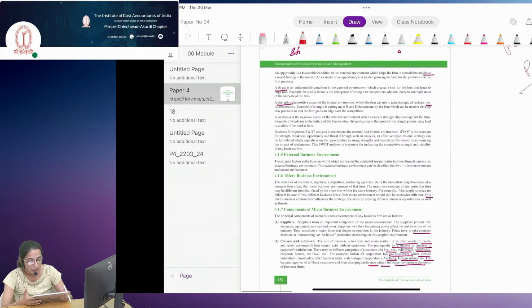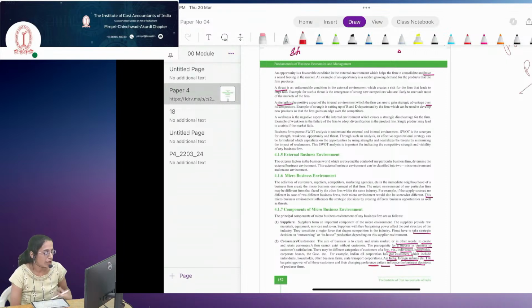Now what are they saying? An opportunity is a favorable condition in the external environment which helps the firm to consolidate and have a sound footing in the market. An example of opportunity is sudden growing demand for the products that the firm produces. See, opportunity means what? Every organization might get an opportunity. The opportunity could be what?